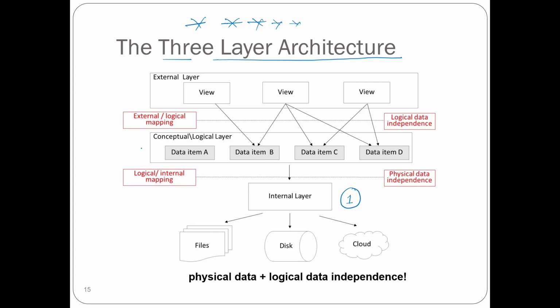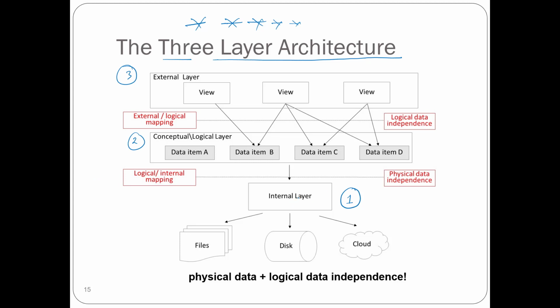Then the second layer is over here, conceptual slash logical layer. And then the third layer is the external layer, right? So this is how the database management system is understood, considering these three layers, because the system is so complex that you can't build that at one level. You have to think about these three layers.